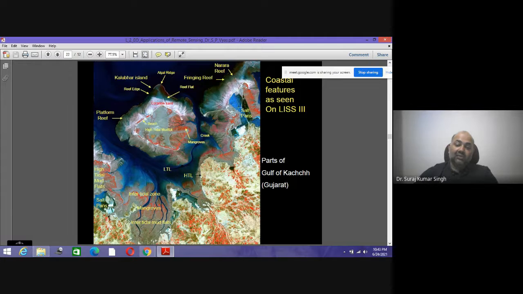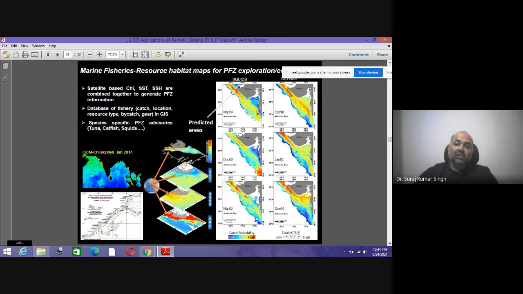So not only that, we are also using the satellite images for various kinds of coastal studies, whether it's related to various kinds of mapping of geomorphological terrain in the coastal areas, or whether you want to see the habitat mapping of the fisheries in any area. So all such studies can be easily done.